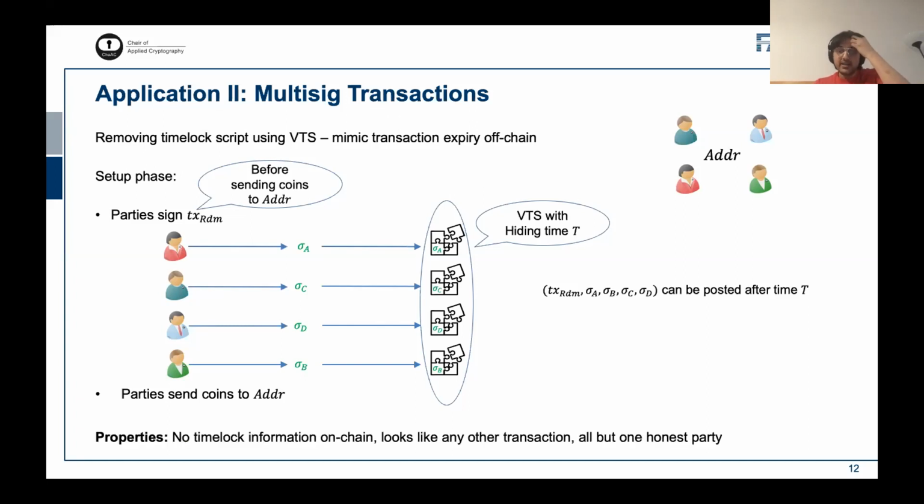And the additional caveat of this is that it looks like any other transaction, right? So there's no time lock script. And notice that if just one party is honest and every other party is malicious and just goes offline, the honest party is still guaranteed that by time t she will get her funds back, right?